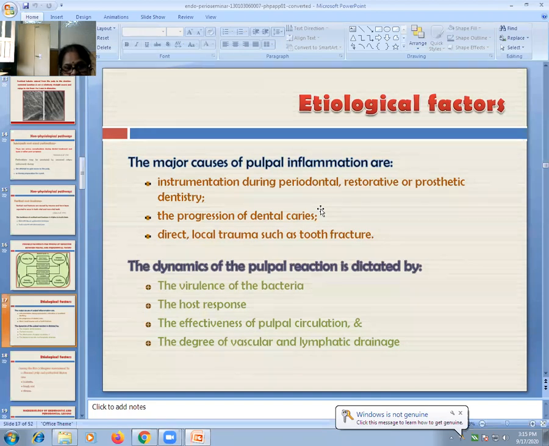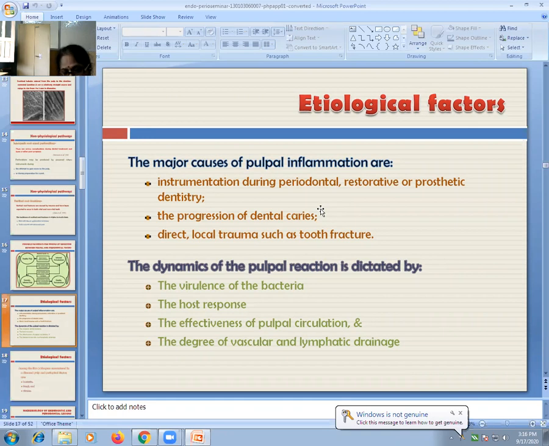The next one is that the dynamic of the pulp reaction is dictated by the virulence of the bacteria. Not every case will get infected; it depends on the entry and virulence of the bacteria, how the host responds, how the pulpal circulation is, and the degree of vascular and lymphatic drainage.